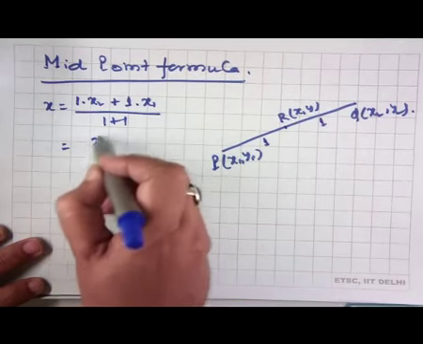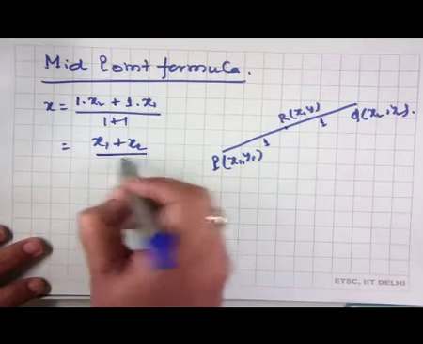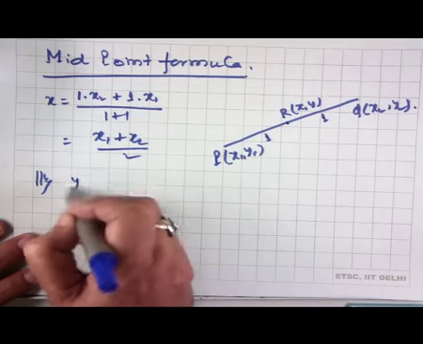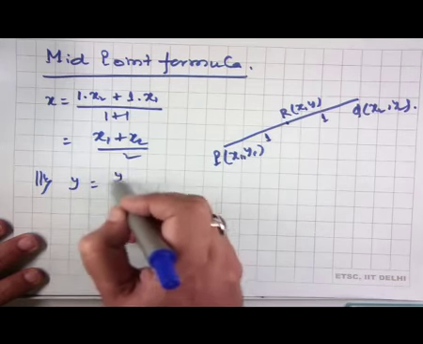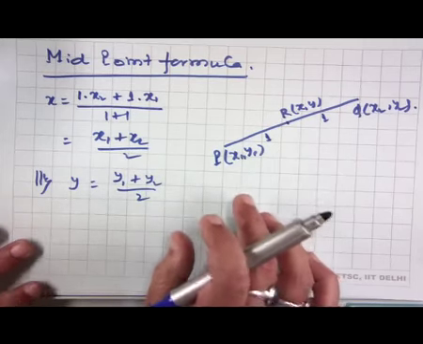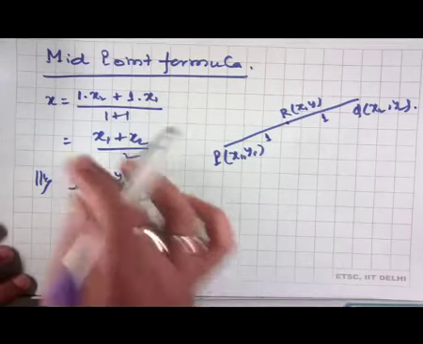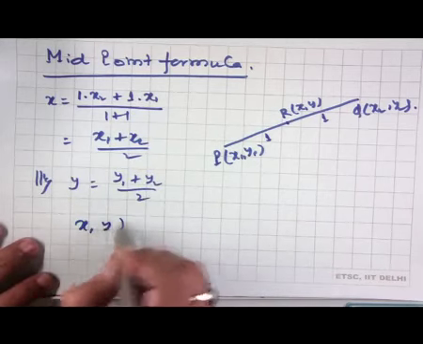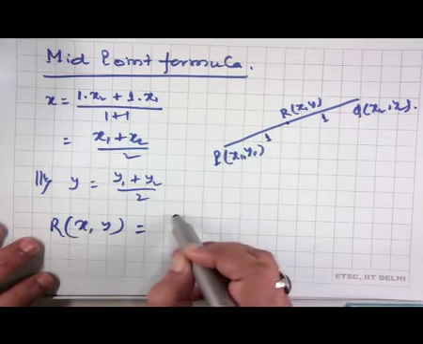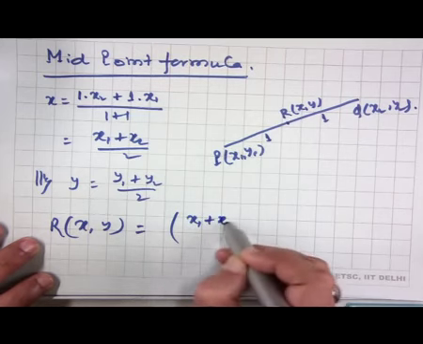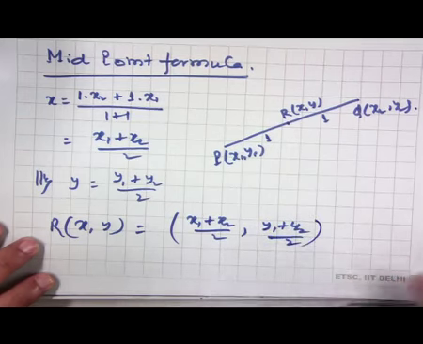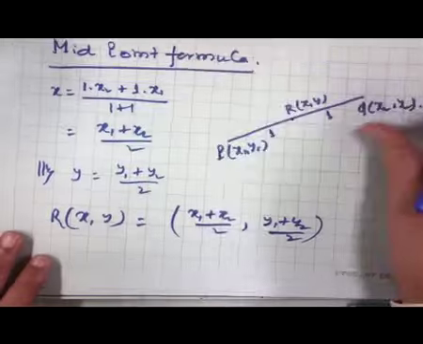It means (x1 plus x2) by 2. Similarly, y is equal to (y1 plus y2) by 2. So we can use this formula, R(x, y) is equal to ((x1 plus x2) by 2, (y1 plus y2) by 2). So this is the midpoint formula.